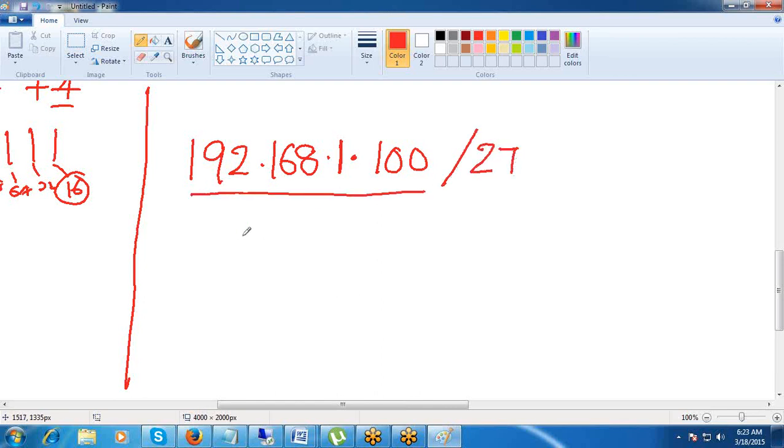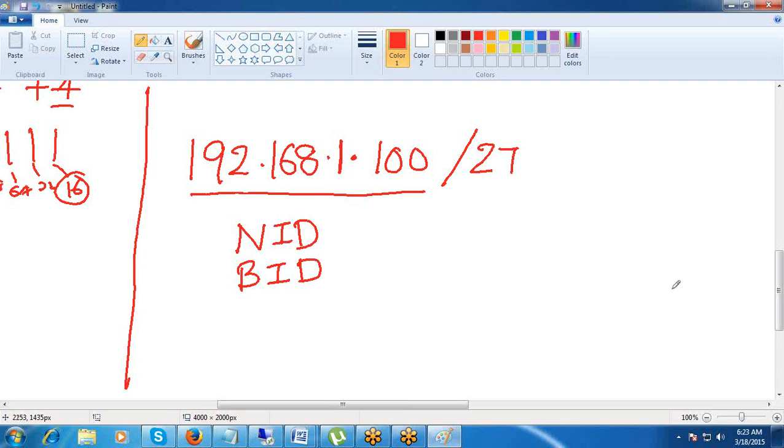For this IP address, what is the network ID and what is the broadcast ID? 192.168.1.96 will be the network ID. Okay. Network ID. Broadcast ID? 127 is the broadcast ID.